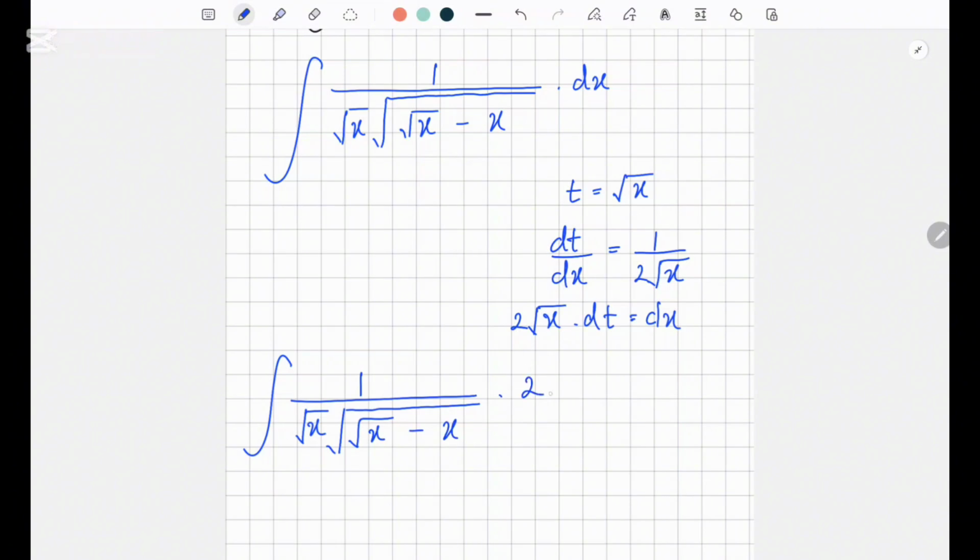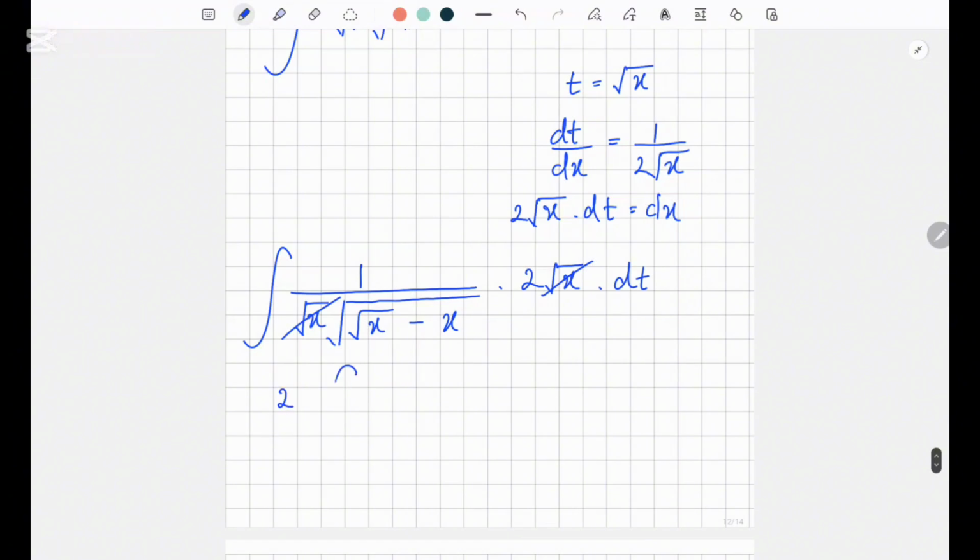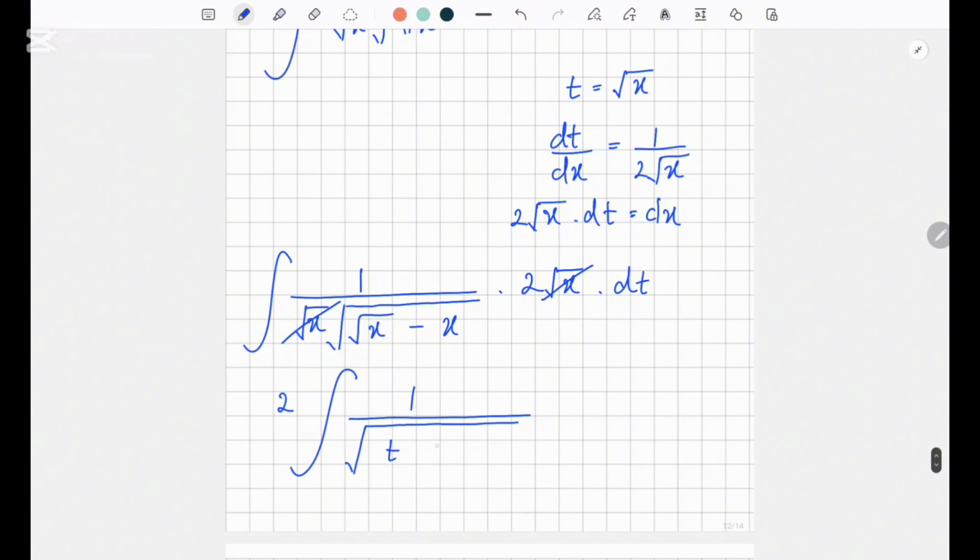Instead of dx, write 2 root x dt. I cancel off my root x, and I have 2 into 1 over, and instead of root x we write t, minus x. Since t equals root x, squaring both sides gives t squared equals x.